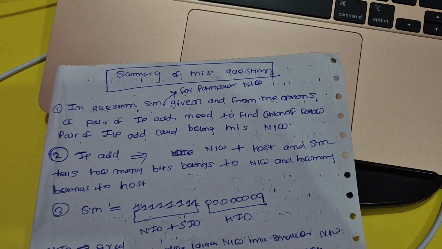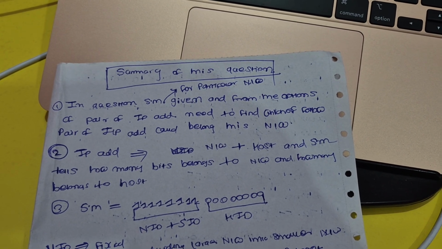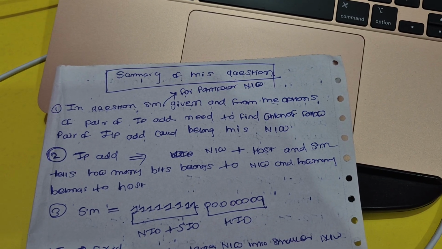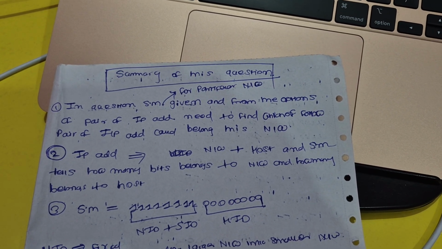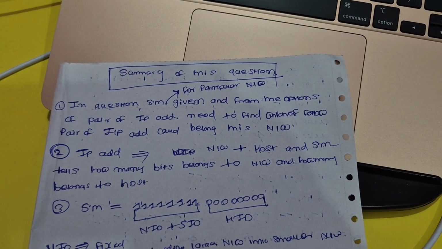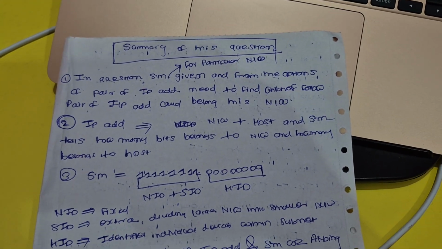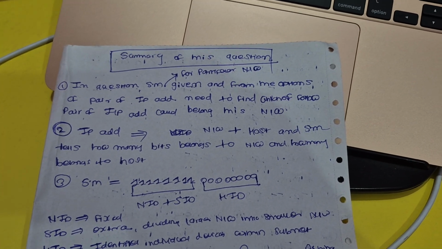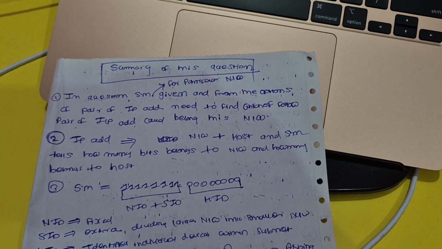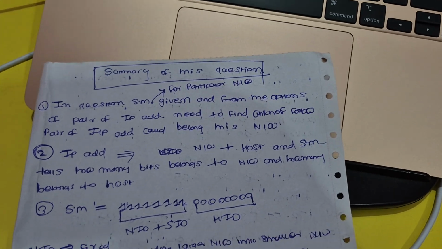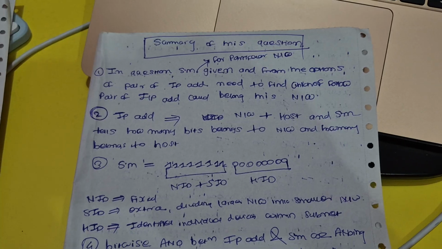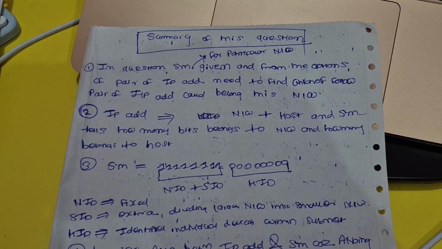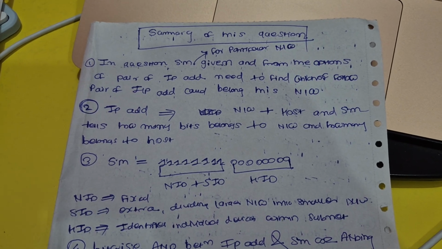The subnet mask tells how many bits belong to the network and how many bits belong to the host. In the subnet mask there would be a network ID plus a subnet ID plus a host ID. The network ID is compulsory and fixed. The subnet ID is not compulsory, it is extra after the network ID. Then the host ID is to identify individual devices within the subnet.